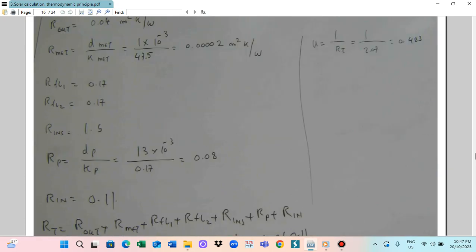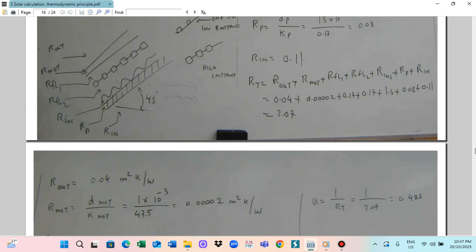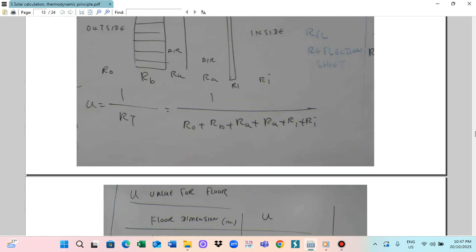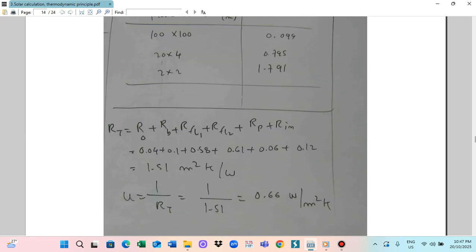To calculate for the wall, firstly you have to calculate the outside air. Outside air is R0, so I put the symbol here. R0 is the outside air, and RB is the brick.